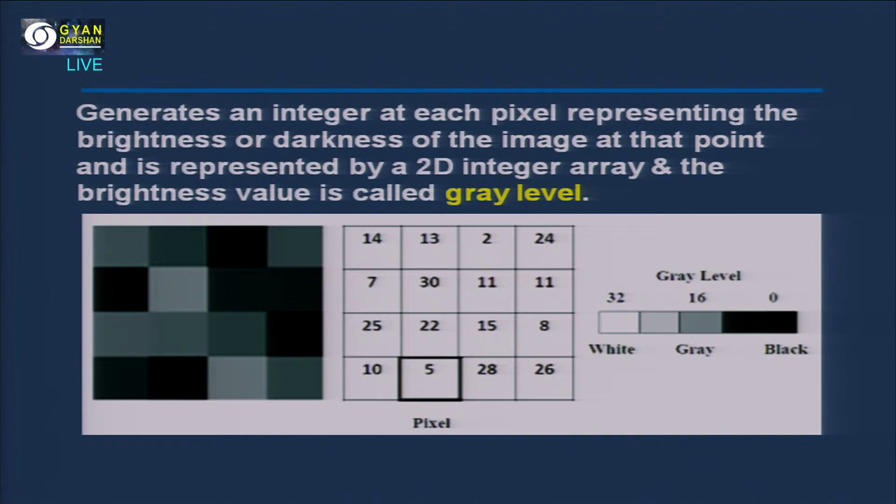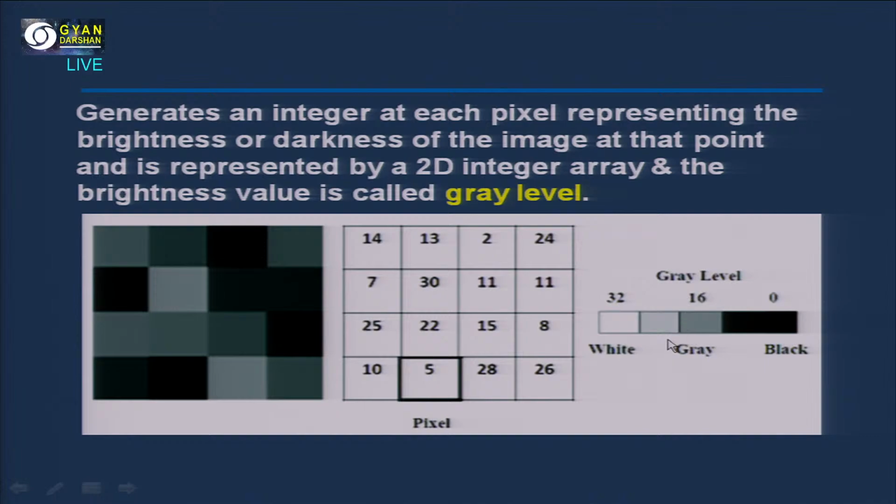So here is a zoomed portion of an image wherein you can see these pixels are visible, and you can see this is a grayscale image. Here the darker pixels are represented by lower digital numbers, in the case of brighter pixels, which have comparatively much higher pixel values in this particular case.